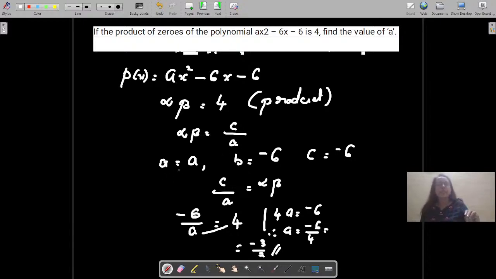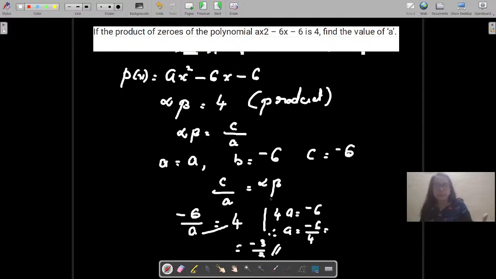First you write what a, b and c are. A is equal to a, b is equal to the coefficient of x, which is minus 6, and the constant term is also minus 6, right? Now substitute this. C by a is equal to alpha beta. Why are we taking only c by a?